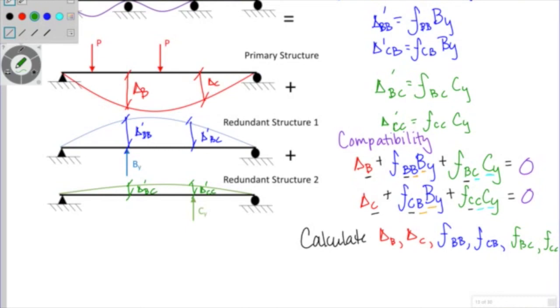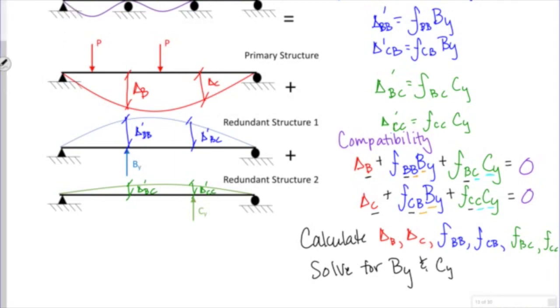So my only unknowns are my force at BY and my force at CY. So solve for those. I have 2 equations, 2 unknowns.